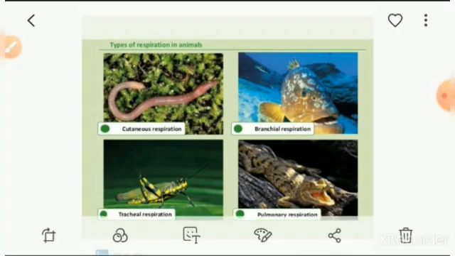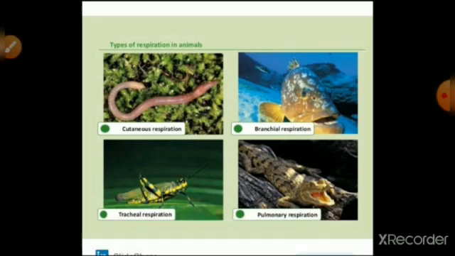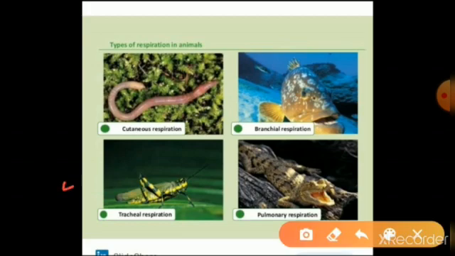So we must know at that time what is meant by branchial respiration. When we study the characters of Arthropoda, we will see that they have trachea, they have tracheal respiration. So we must know at that time what is meant by tracheal respiration. Tracheal respiration means respiration taking place through trachea, which is an extensive system of intercommunicating tubes.